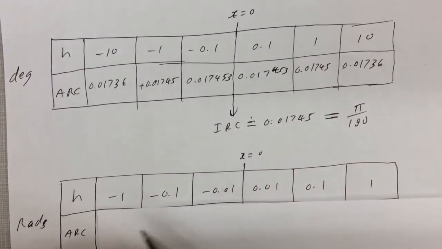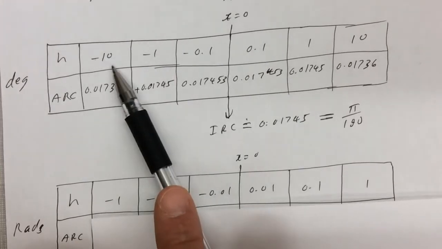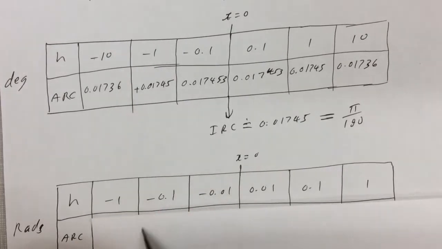But in radians, one full cycle only takes 2 pi, which is 6.28 units. Okay? So we're only going to go back 1 unit here, which is actually more than 10 degrees, if you think of it in terms of proportion of a cycle.